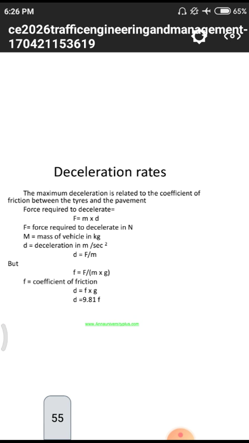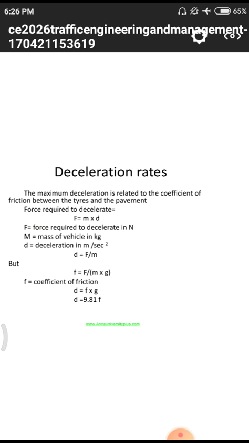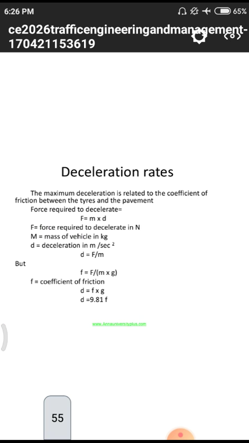Next one, deceleration rates. The maximum deceleration is related to the coefficient of friction between the tire and the pavement. The force required to decelerate is F equal to mass into deceleration.